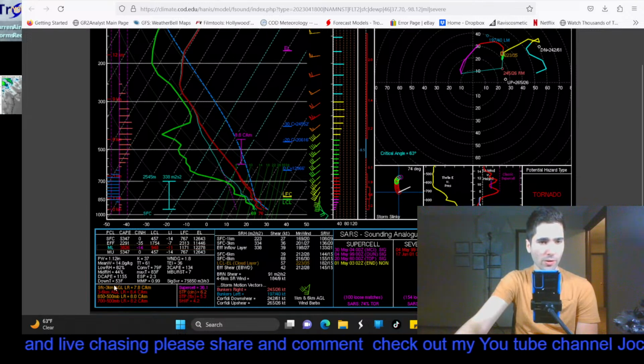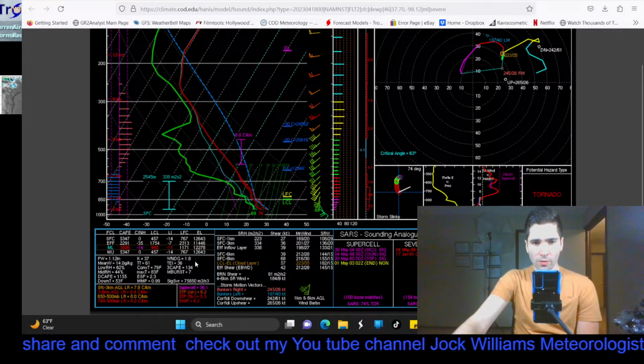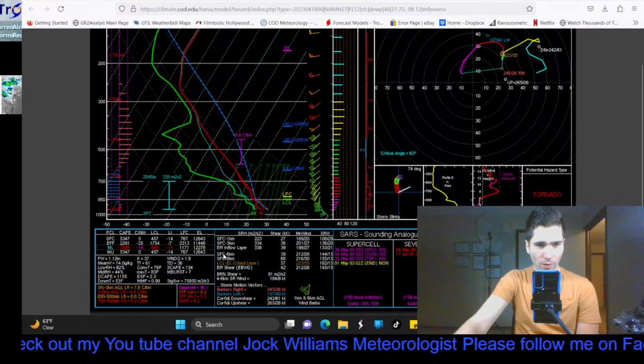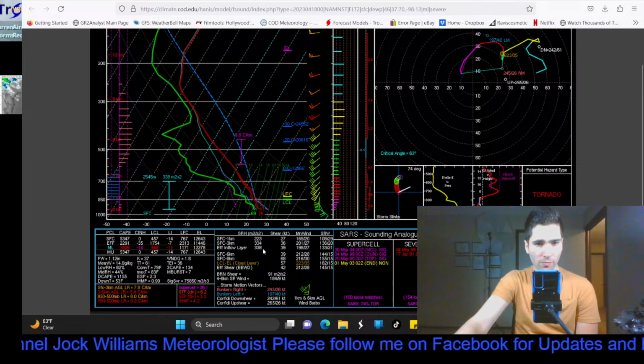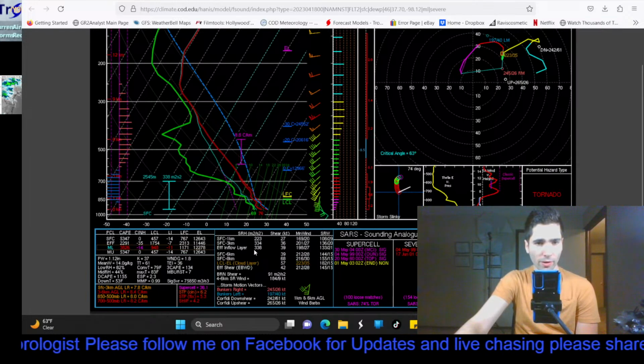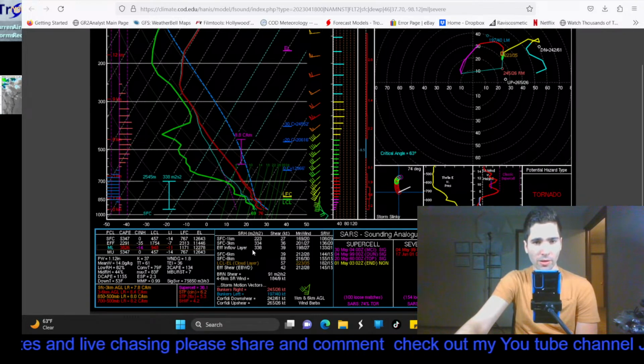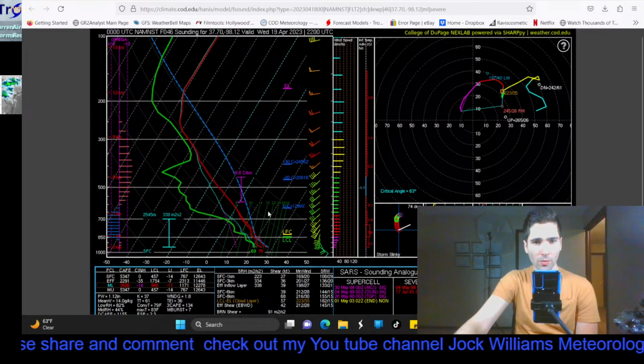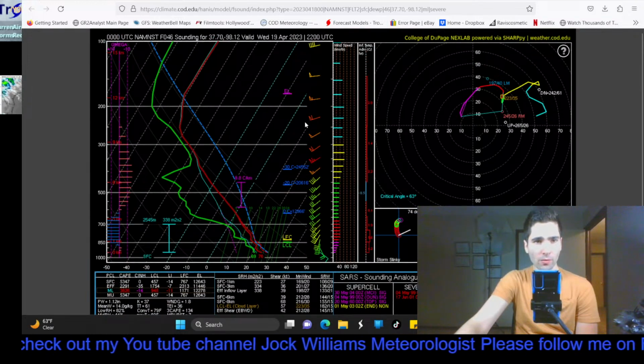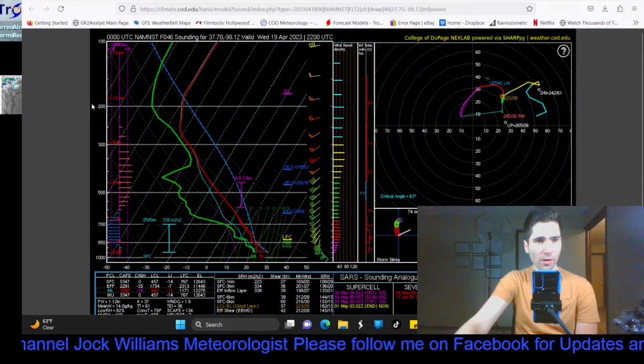Let's see here what else we can see. Effective inflow is a decent number on the effective inflow layer. Surface CAPE 3 kilometers, pretty decent as well. We have good backing, good surface wind profiles.